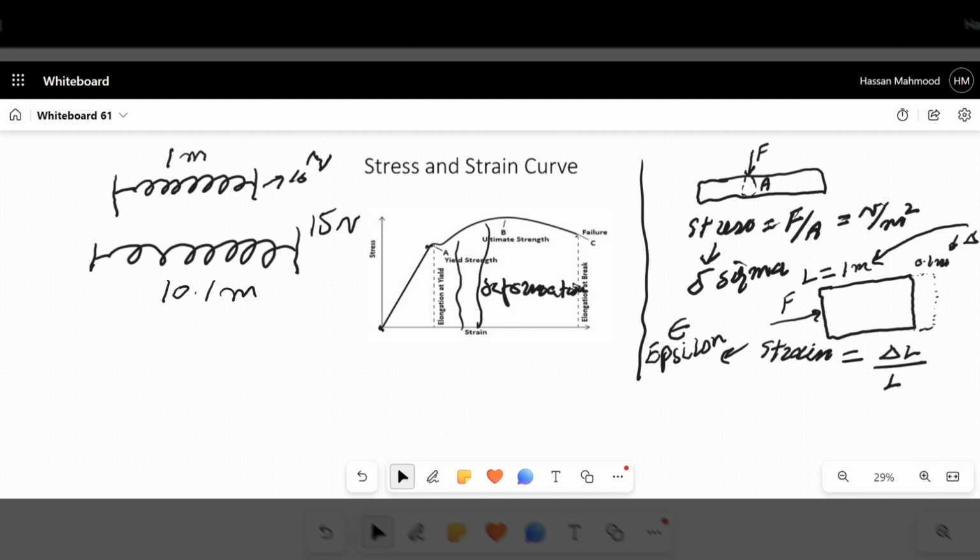The next point to the elastic region, so that is your elastic region. The next point after the elastic region is your yield strength. The maximum stress on that material shows the ultimate strength of the material.